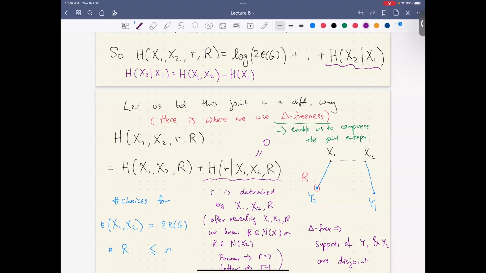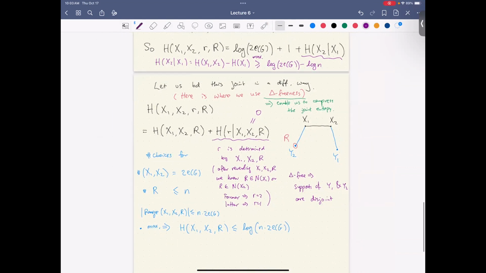And the first term is log 2e(G). This is uniform over all ordered pairs of edges. The second term by maximality is at most log n. X1 is a vertex, so you have at least this minus log n by maximality.